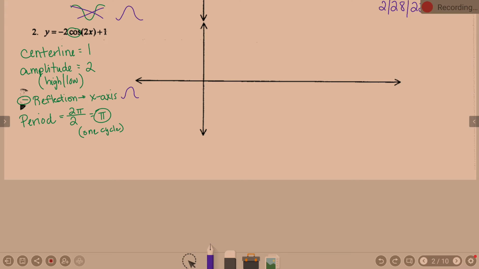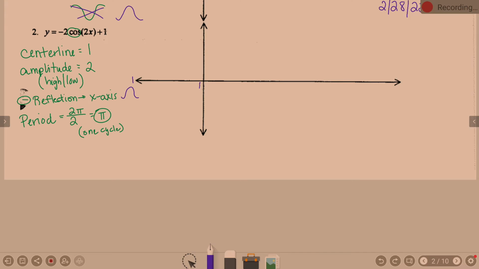Okay, center line. Let's go through and start some labeling. Center line of 1. Either label it right here at the origin or down at the left end of the x-axis. I don't care which, but one place or another, label that 1. What does my amplitude tell me to do?